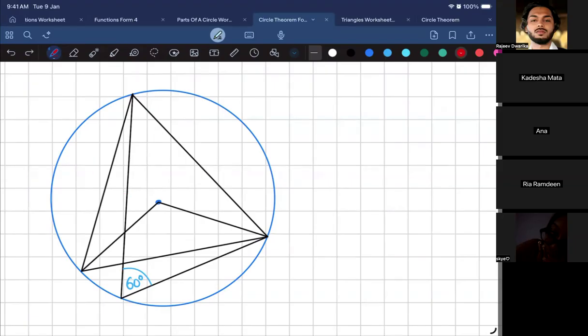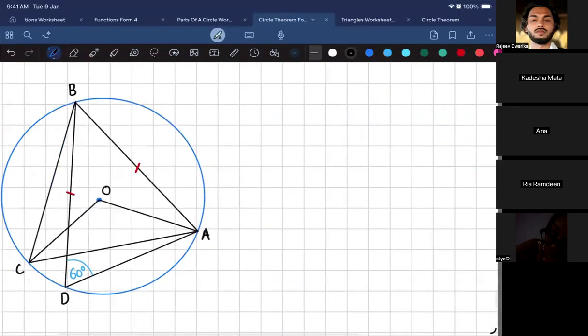All right, let me just label the diagram better. So I could call this O, call this A, call this B, call this C, call this D. I want you all to find for angle C. So for one, I want you all to find for BCA.